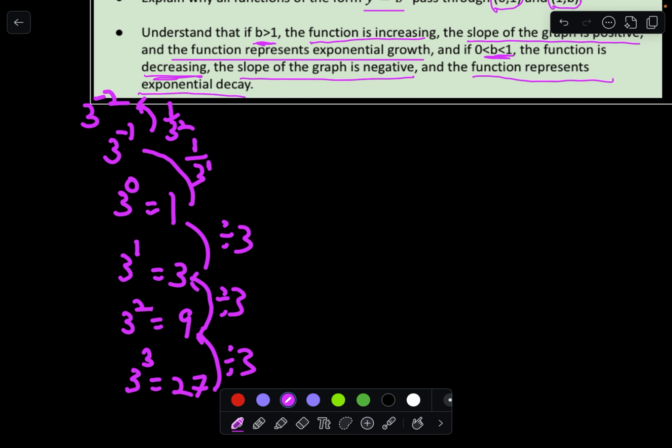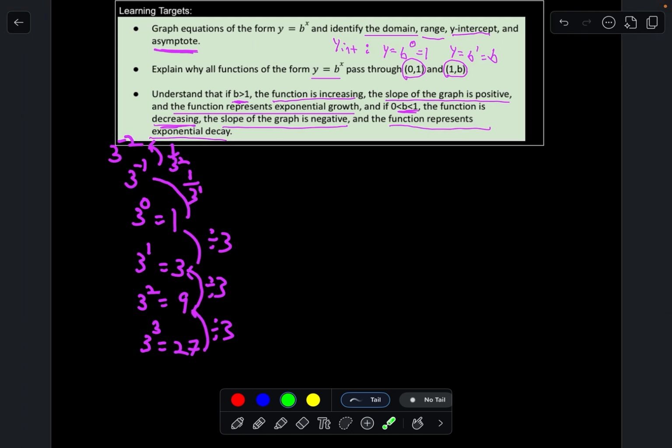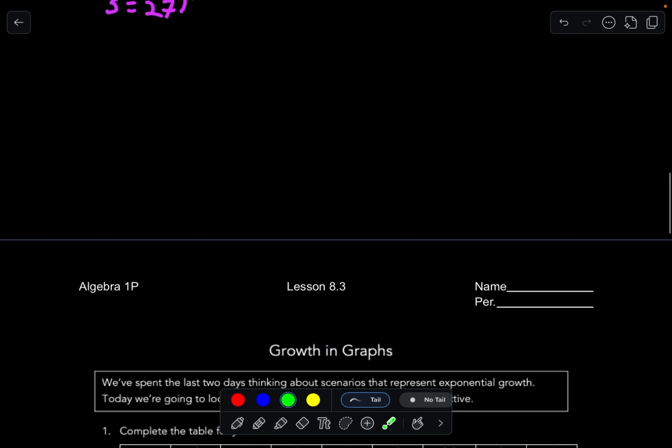And 1/3 is smaller than 1, which is 3 to the 0. Then 3 to the first is 3, 3 squared is 9. So you have to remember that when the exponent's negative, the base moves downstairs, and now instead of being 3, it'll be 1/3 if it was 3 to the negative 1.